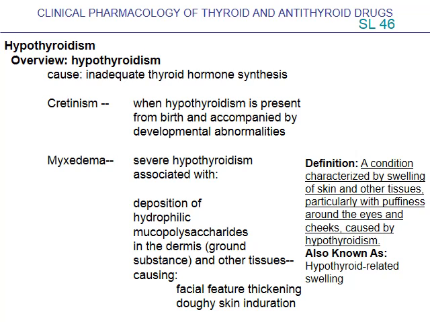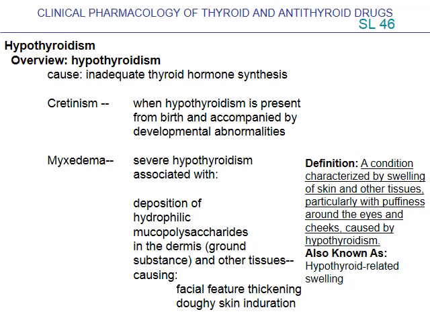Myxedema is another event associated with hypothyroidism, particularly severe hypothyroidism, when there starts to deposit crystals, deposition of hydrophilic mucopolysaccharides in the dermis and other tissues, which can cause the appearance of a facial thickening or a doughy skin.